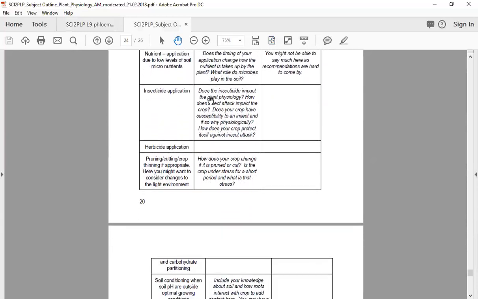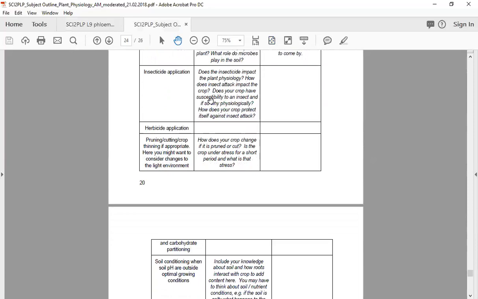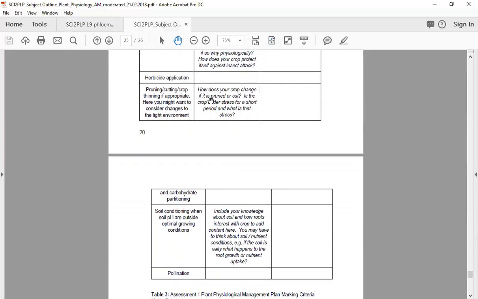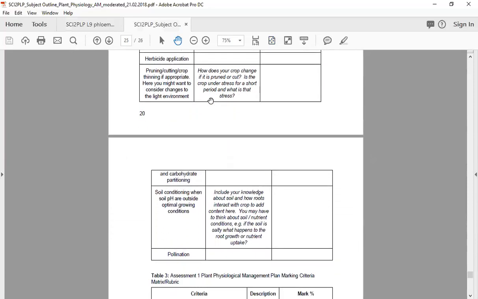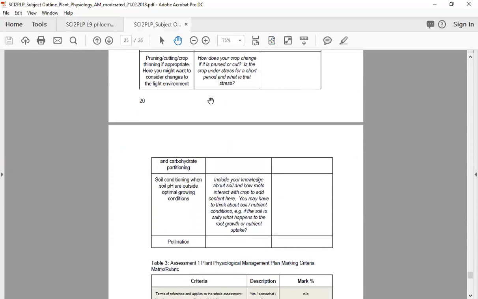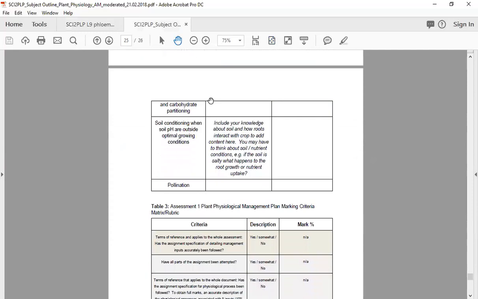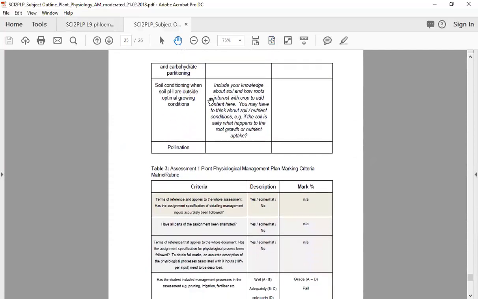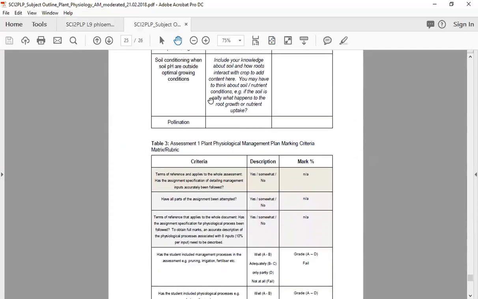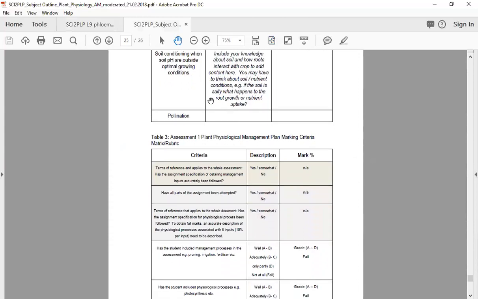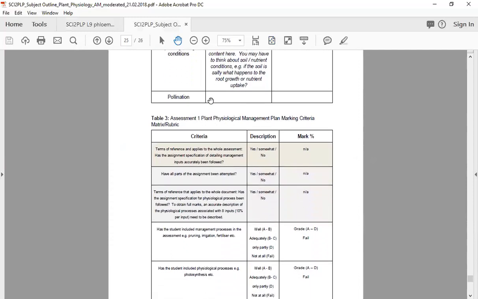So we've got nutrients, insecticide application, herbicide application, pruning, cutting, crop thinning if appropriate, obviously very appropriate for grapevines, fruit trees and so on. Soil conditioning, so you can consider soil pH and so on.